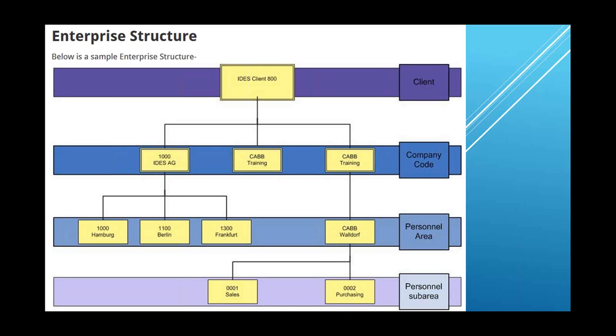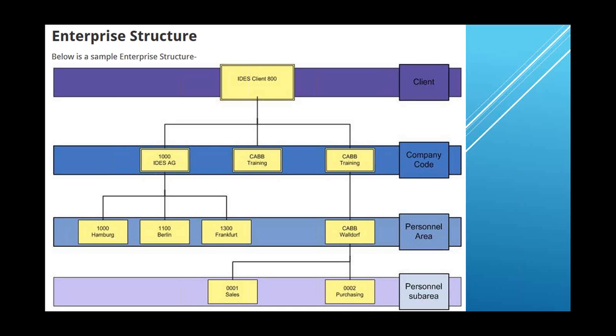People working in one head office might have regular 9 to 5 working hours, and they will be grouped in one personal sub area, and they will have one payroll area, which signifies that they will all be paid at one particular time, and they will all have a particular work schedule and timing.